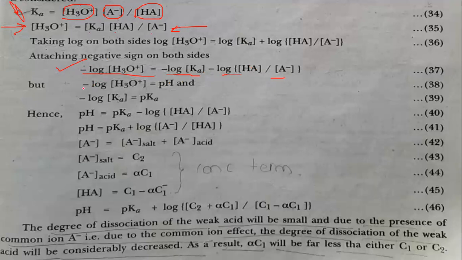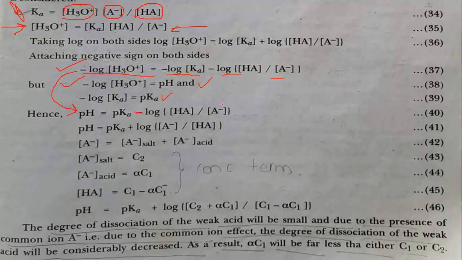Now what is the negative log of H3O plus? It's pH. What is the negative log of Ka? It is pKa. So this equation can be written as pH is equal to pKa minus log of the concentration of HA upon the concentration of A minus species. Now this is at the denominator, with a minus sign here.